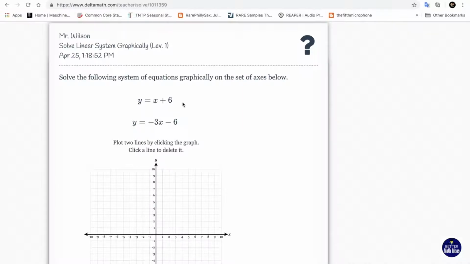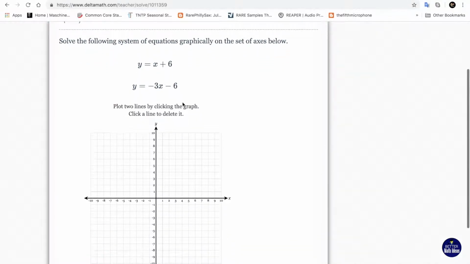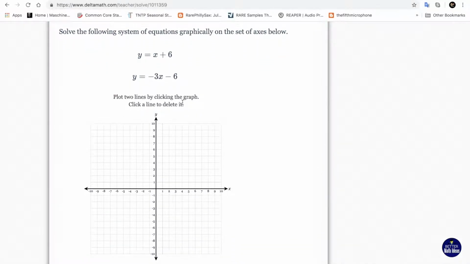Once we go through those critical parts, then we can start to graph, because we've established some important data and information that would help us to be successful with solving the following systems of equations graphically on this coordinate plane. If we take a look at that first equation, we see that the y-intercept is positive.